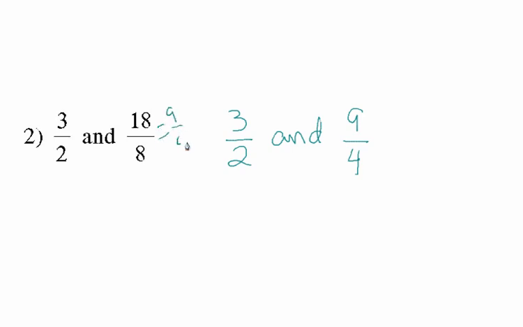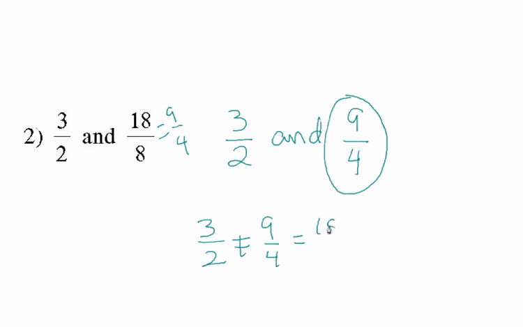Well, 9/4 is the most simplified we can get because 9 and 4's only common factor is 1. So 3/2 is not equal to 9/4, which means it's not equal to 18/8. So no, these are also not proportional.